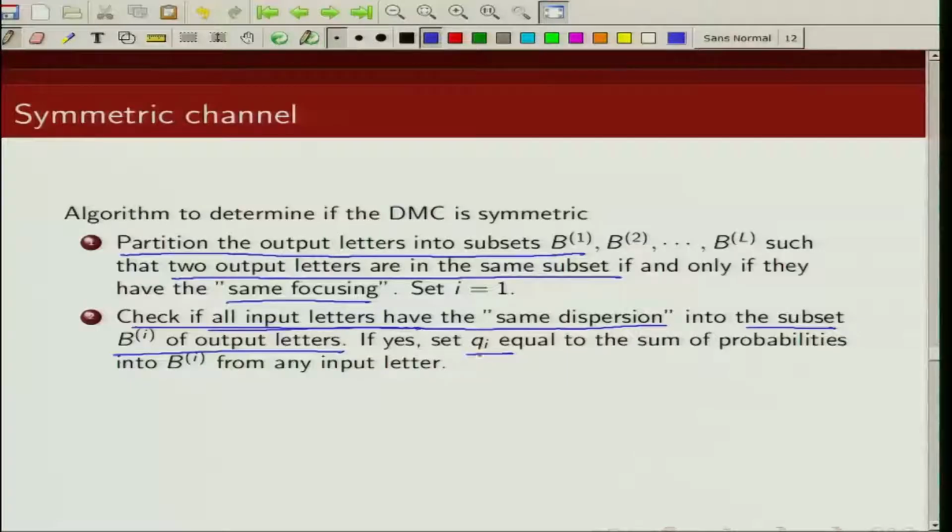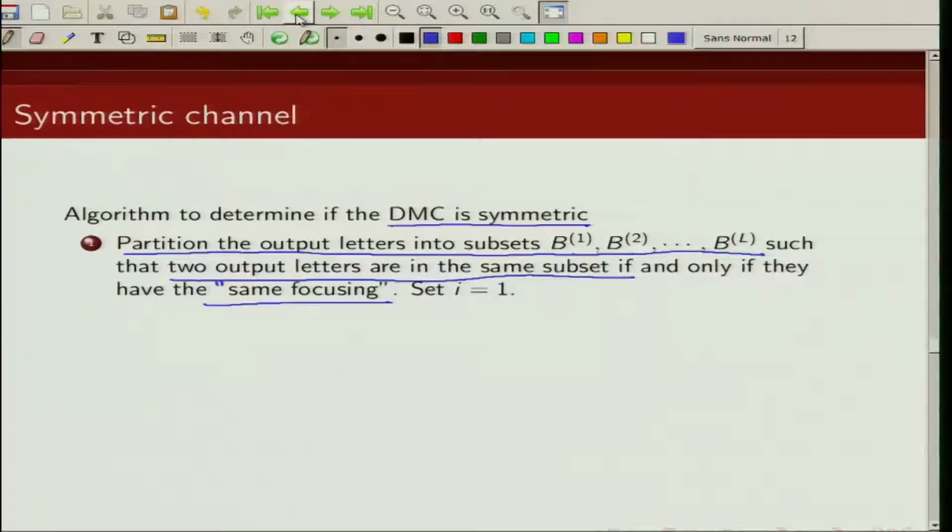now we need to see whether all the inputs have the same dispersion into that subset. And if that is the case, then we set Qi to be equal to the sum of the transition probabilities into that particular set.